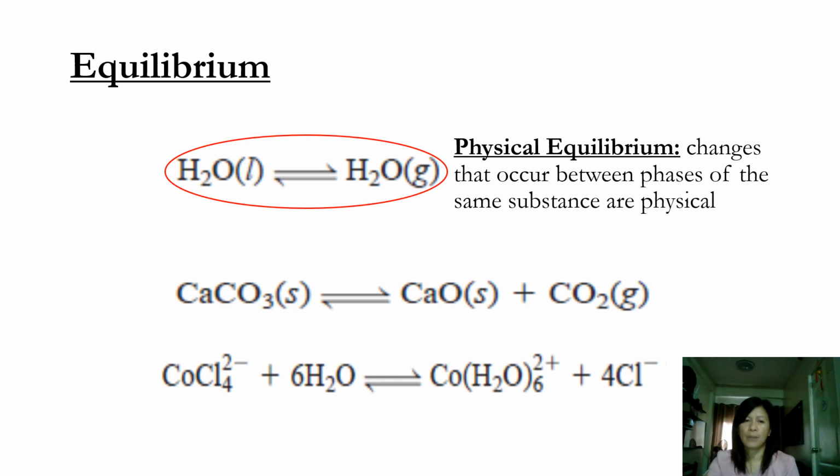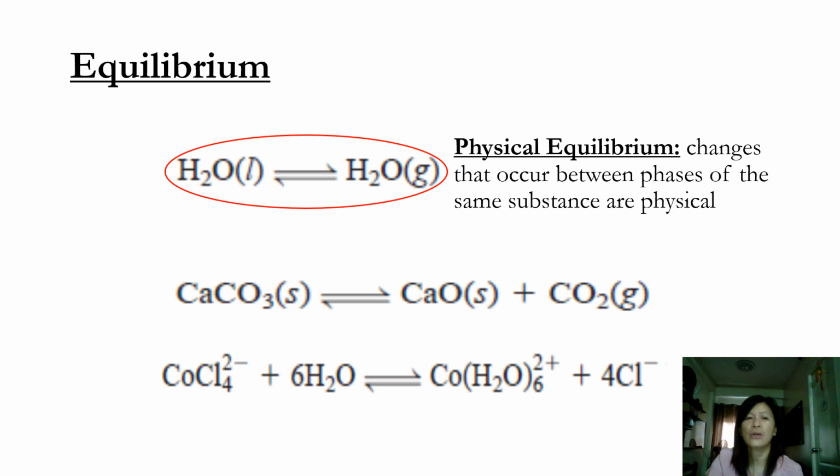The other example is calcium carbonate solid decomposing to calcium oxide solid and carbon dioxide gas in the forward reaction, and in the reverse reaction, the combination of calcium oxide and carbon dioxide to form calcium carbonate.